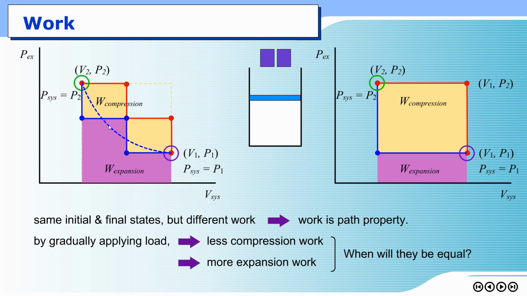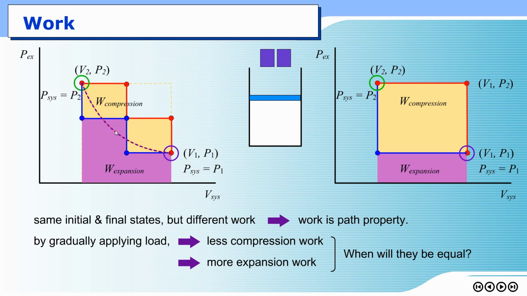But if you zoom in, it is still a step, a small step. But the step is so small that when you look from afar, it seems to be a single curved line. Okay? The same thing would apply to compression work. If you put the sand one grain at a time in order to compress the system, it would give very small steps, which seem to be a curved line. And the blue line and the red line would seem to be overlapping.